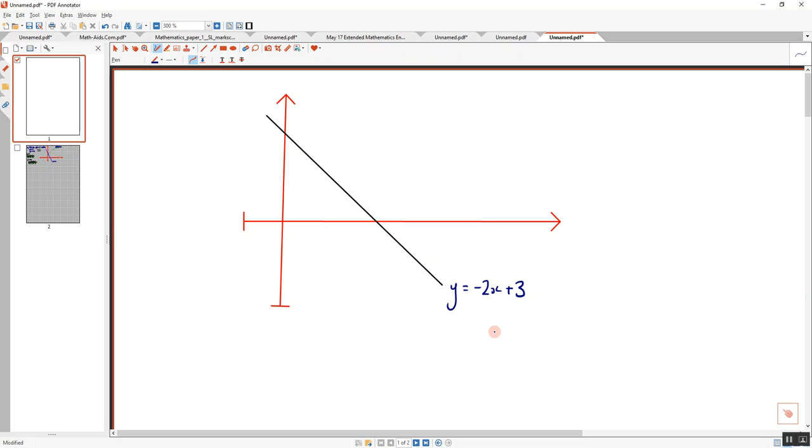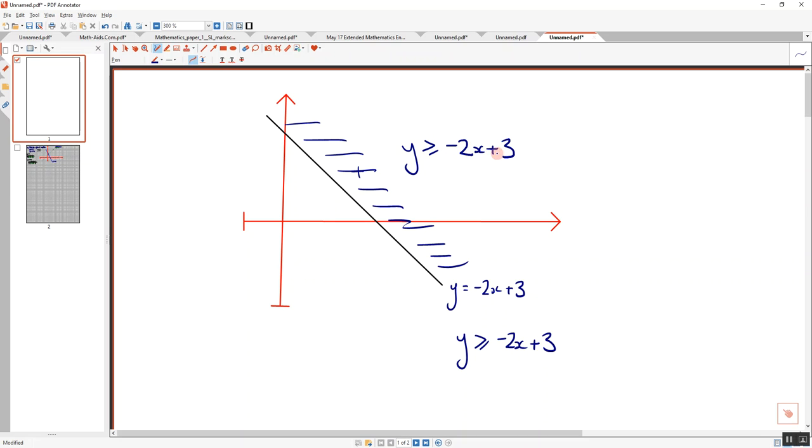Okay, if I want to show y is greater than or equal to negative 2x plus 3, imagine if it's above the line or under the line. Above, okay? So this is kind of like we say greater. So all of this stuff here would be y is greater than or equal to negative 2x plus 3.